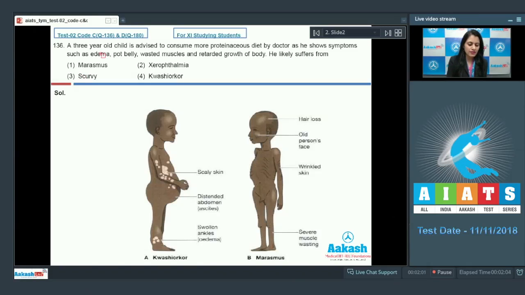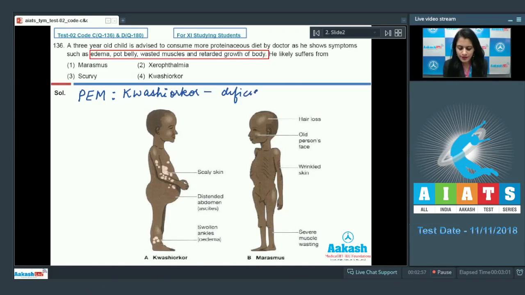So the symptoms given in this question, that is edema, pot belly, wasted muscles and retarded growth of body, all these symptoms belong to PEM, Kwashiorkor, deficiency of proteins. So the correct answer for this question is option number 4.